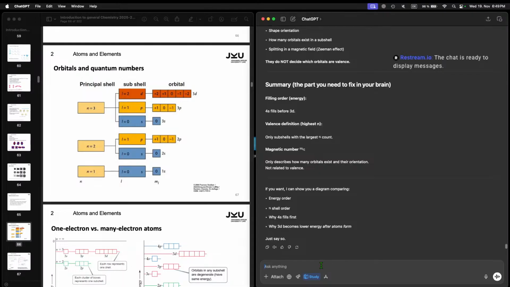What was the paramagnetic property of phosphorus?